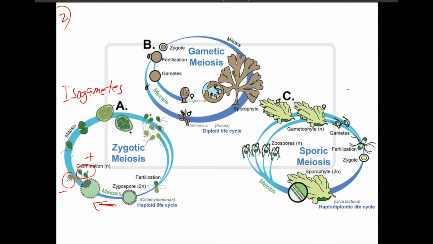Okay. So now for the diploid life cycle naman, look at it. What type of gametes, or what type of cells are produced after meiosis? Gametic meiosis. What type of gametes? These are oogametes, right?